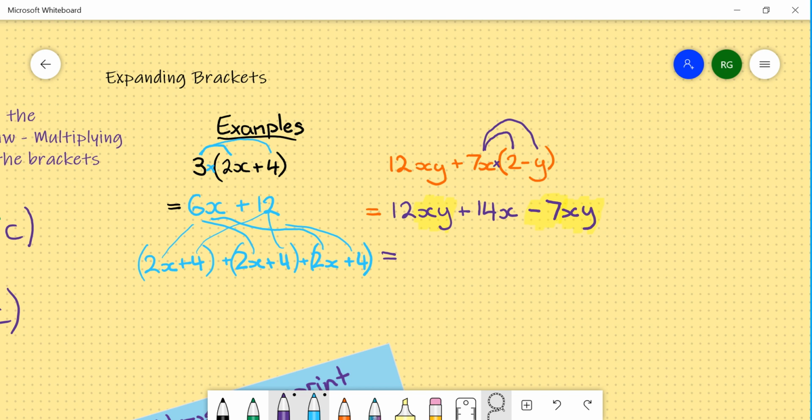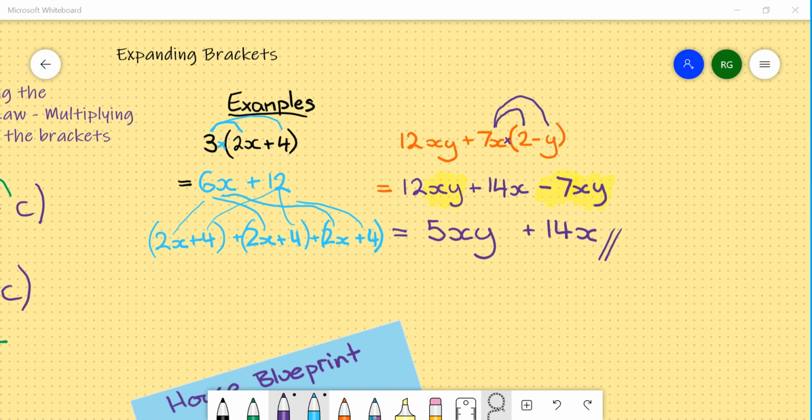So it is 12xy's minus 7xy's, which equals 5xy plus 14x. We cannot combine them any further. That is as simplified as we can make this, because x's are not the same as xy's.